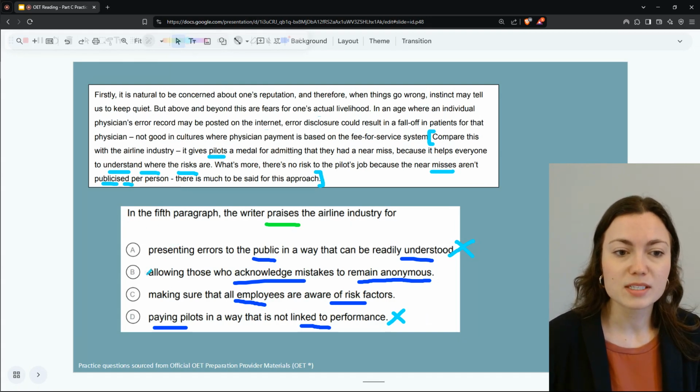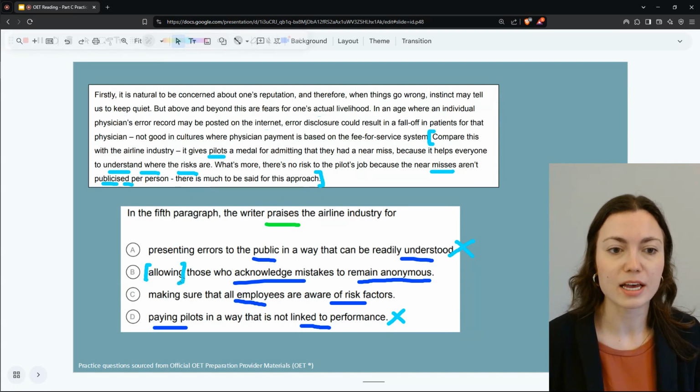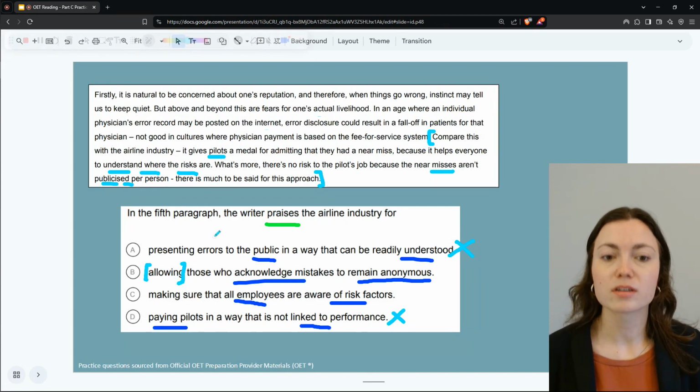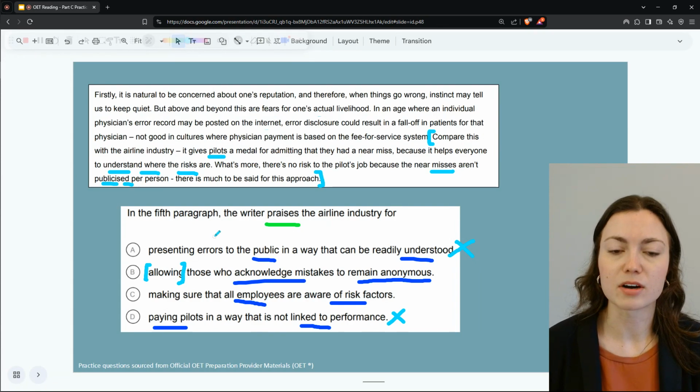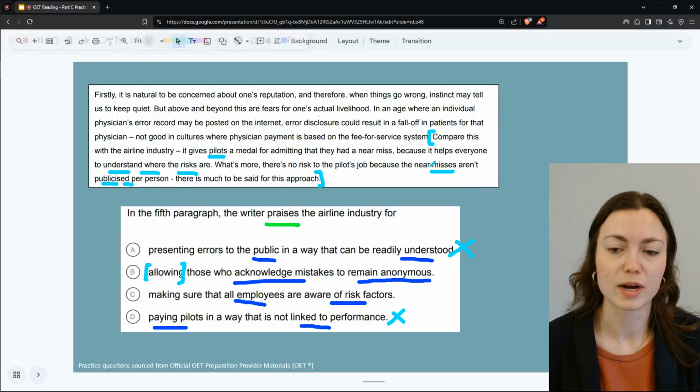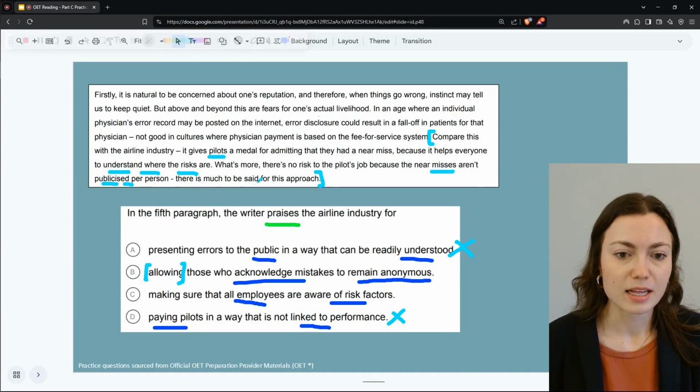And then specifically, the actual action. What are the airlines doing? Well, they are allowing them, right? They are saying to them, there aren't going to be consequences if you report it. So they're allowing them, they're also rewarding it with a medal as well. There is much to be said for this approach.